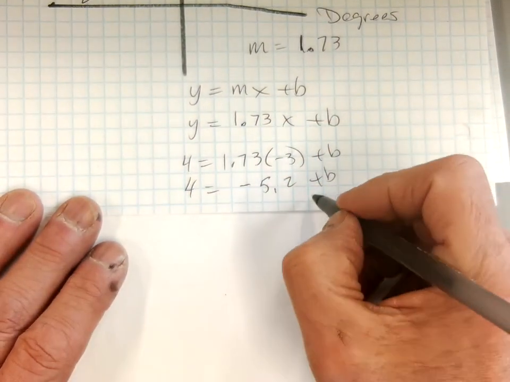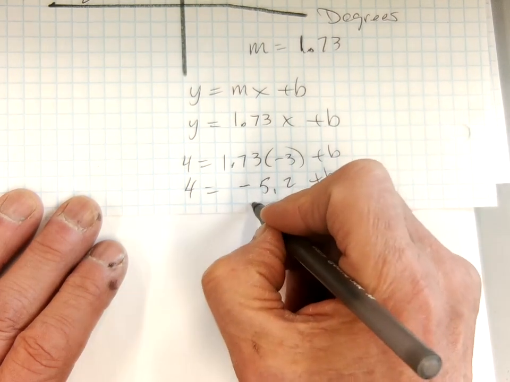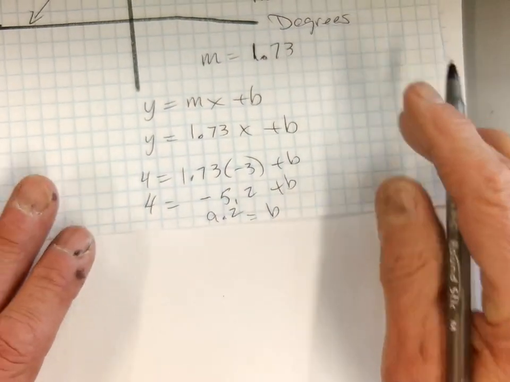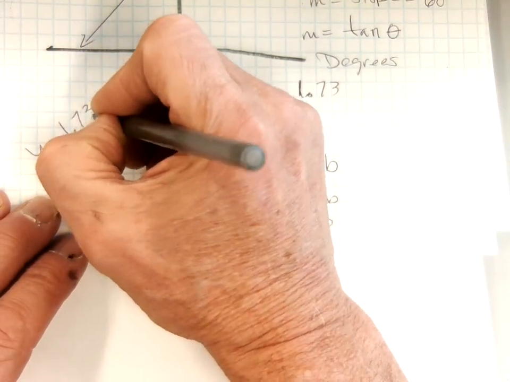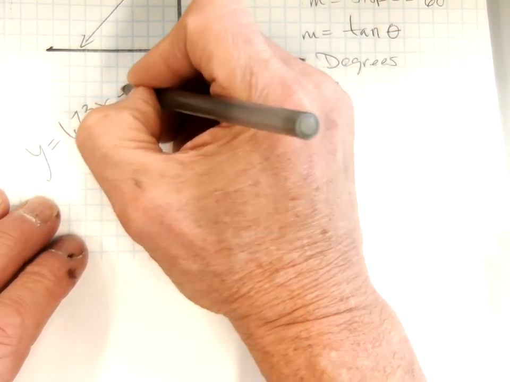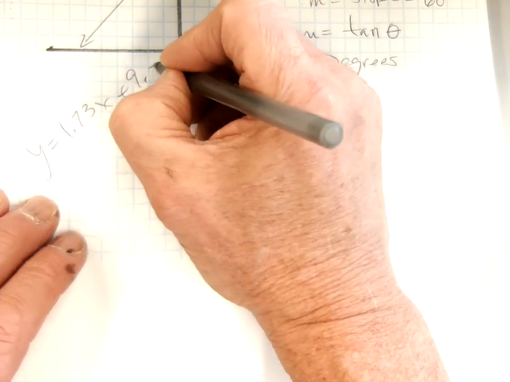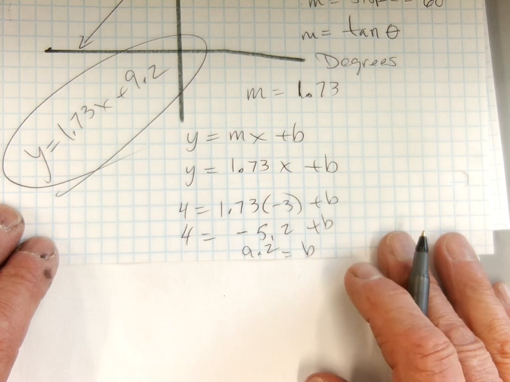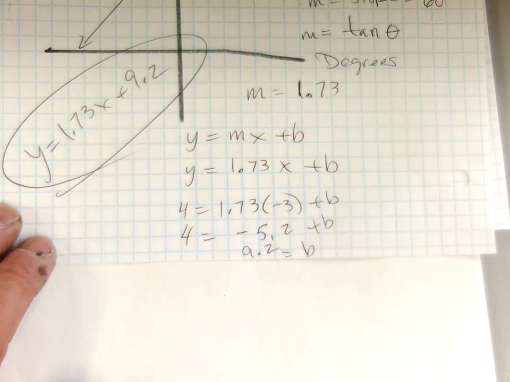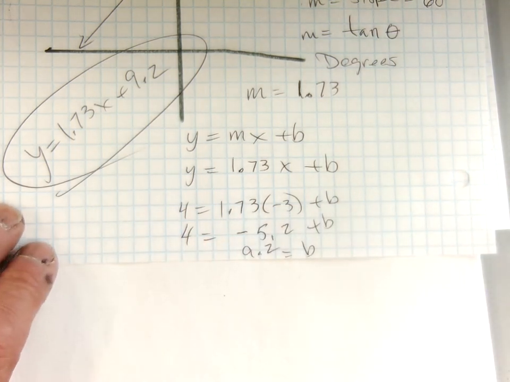And then if I add the 5.2, b is 9.2. And then finally, my equation is y equals 1.73x plus 9.2. You have the right idea, Lauren, but I think it would have been hard to do it that way, okay?